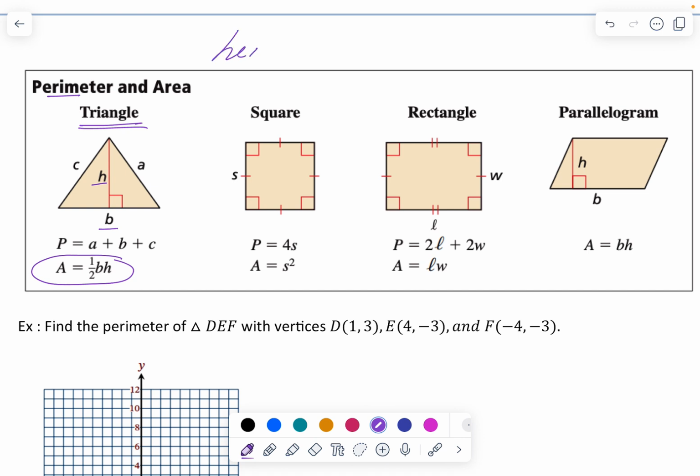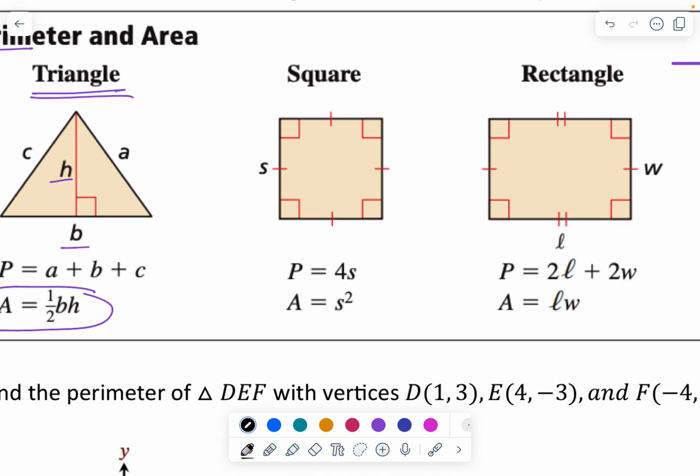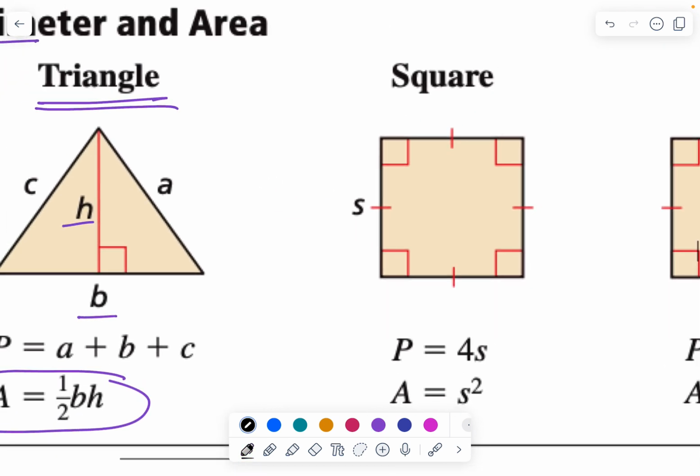Height is always perpendicular to the base. In other words, it makes that right angle. This is what we call an acute triangle, with all acute angles. But we could have a right triangle, and there this would be the height, and this would be the base.